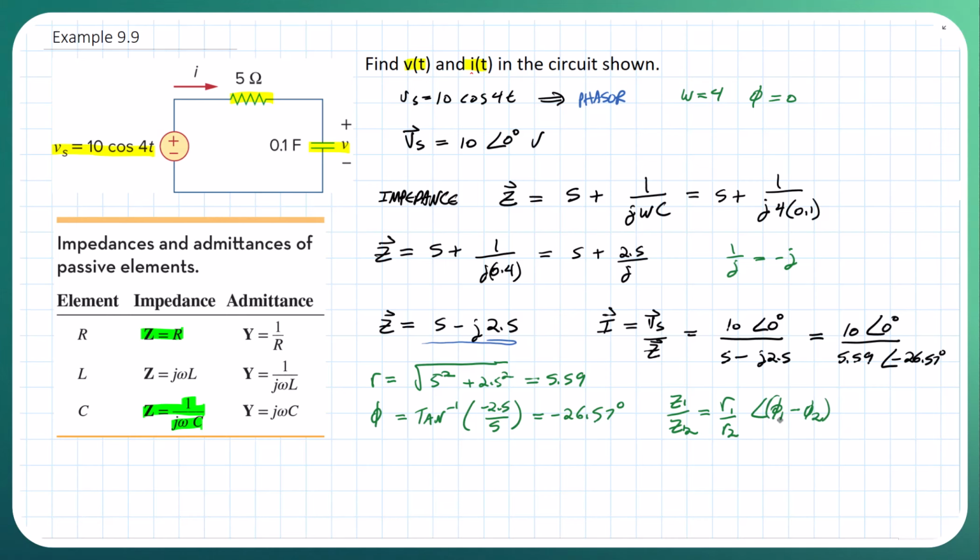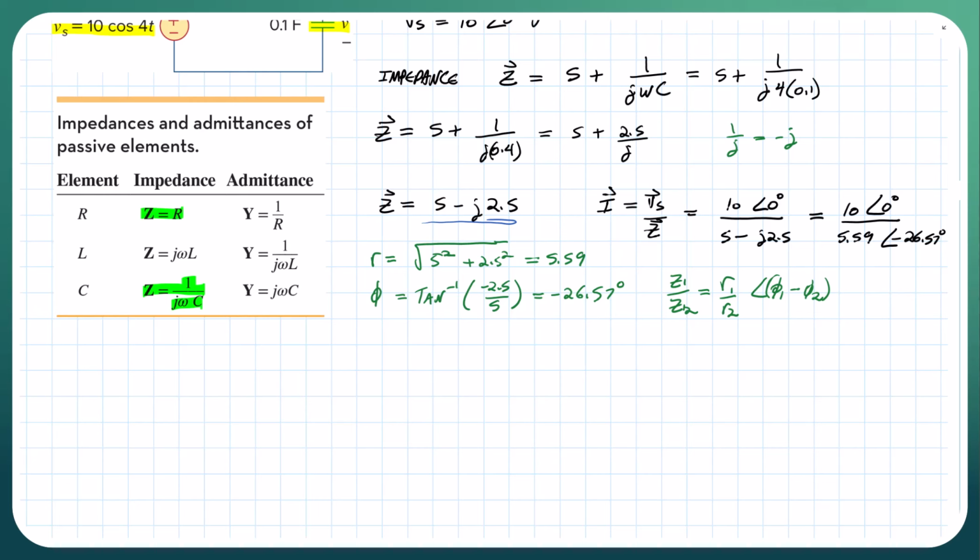From here we can rewrite our I. So we got 10 divided by 5.59, which gives me 1.79, and the angle is going to be 0 minus a minus 26.57, so it's a positive 26.57 degrees. So we've solved for I in phasor format.